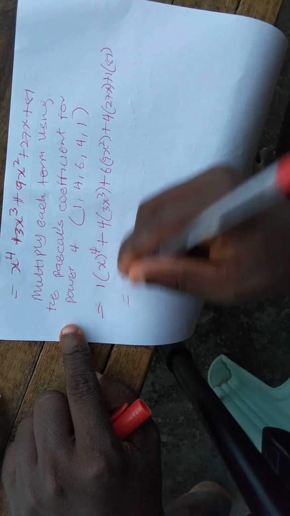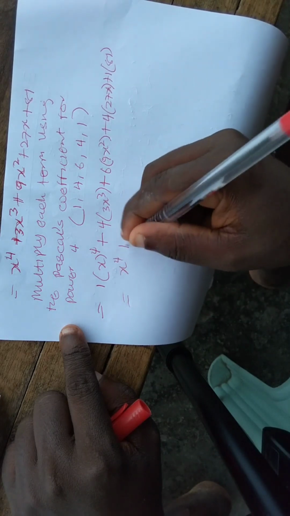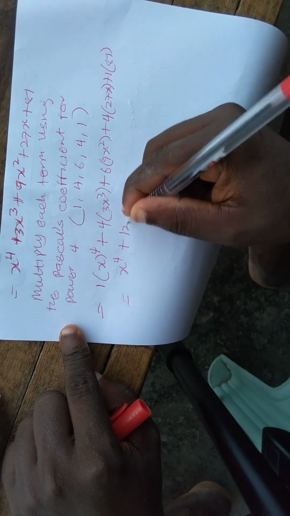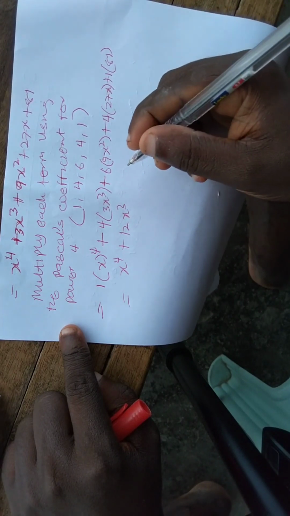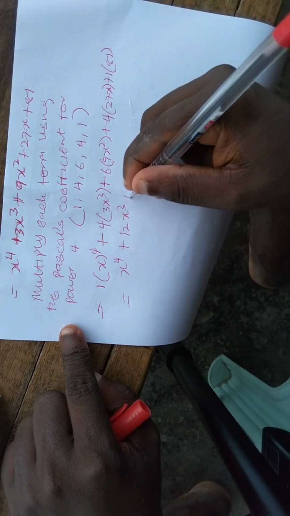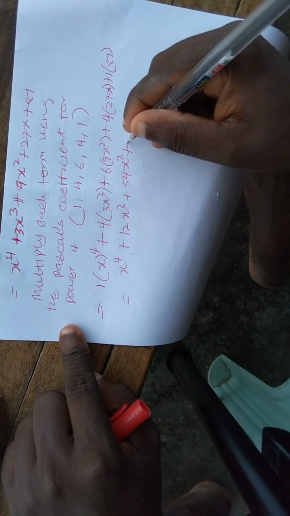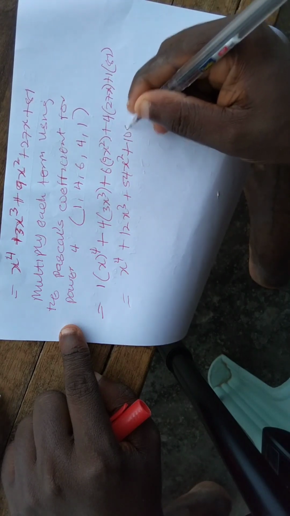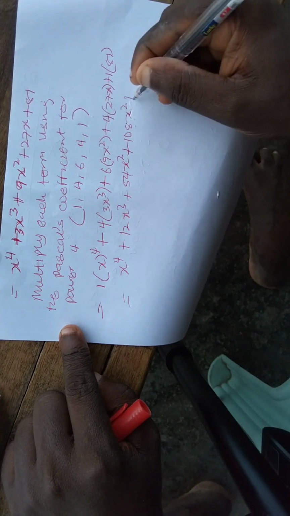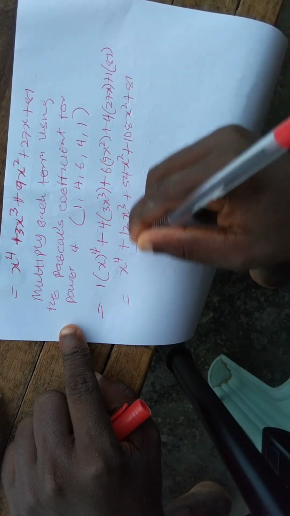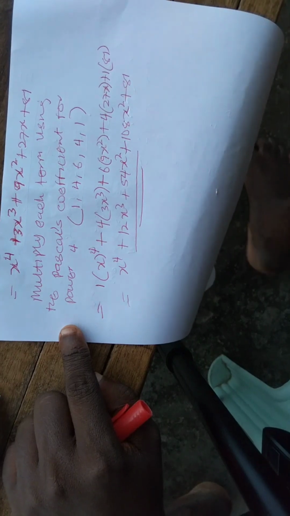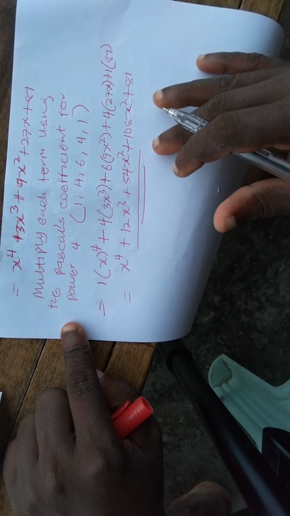So if we multiply, x raised to power 4 plus 12x raised to power 3 plus 54x raised to power 2 plus 108x plus 81. So this is our final answer.